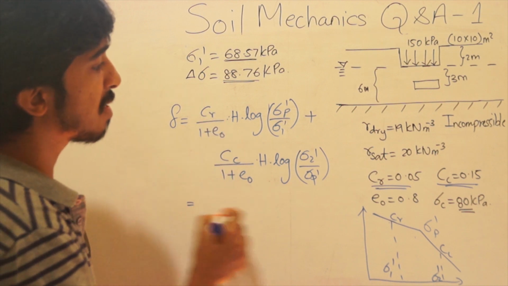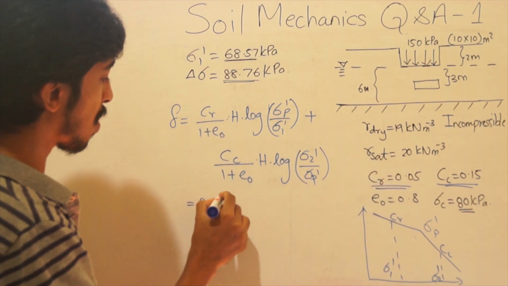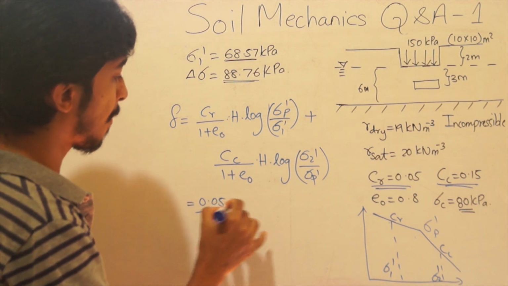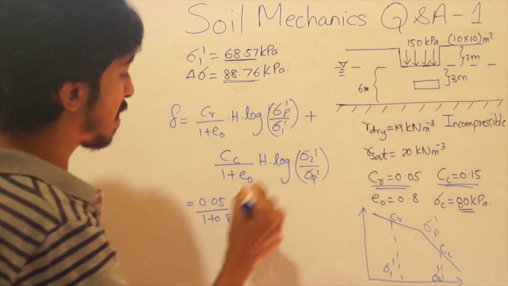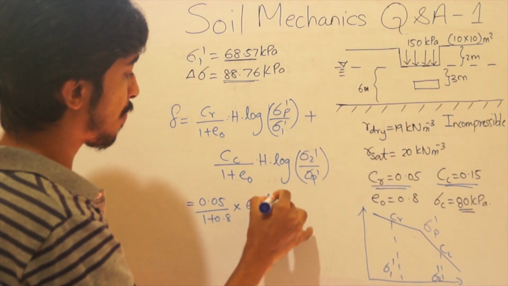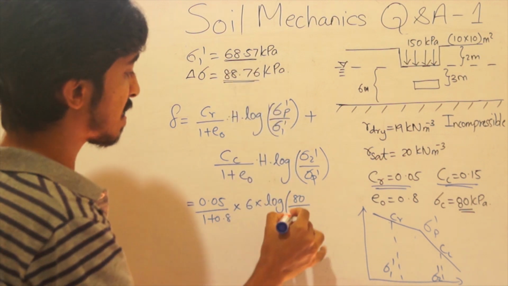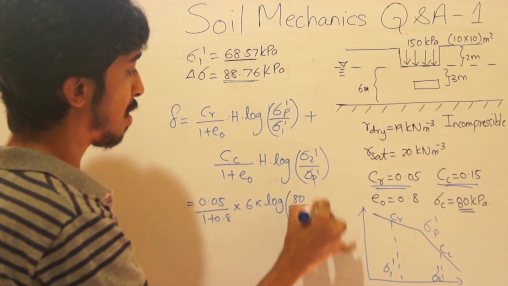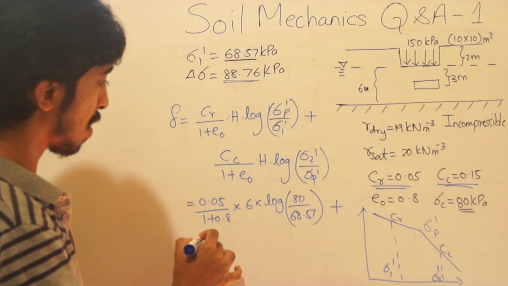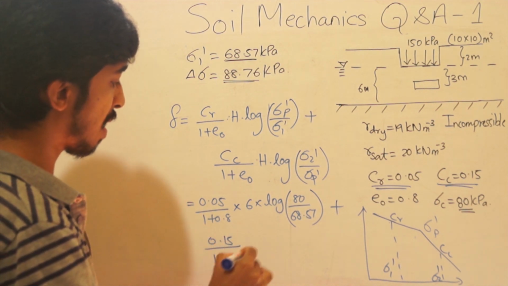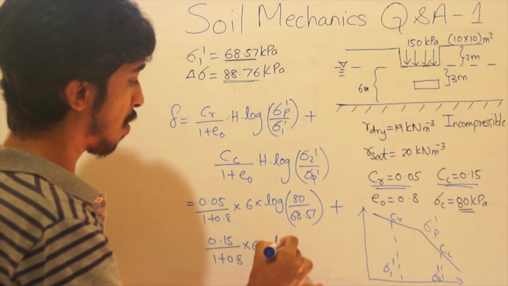So this is CR is 0.05 over 1 plus 0.8 into H is 6 meter, into log sigma P is 80, the initial load is 68.57, so plus 0.15 CC, 1 plus 0.8 into 6 into log.